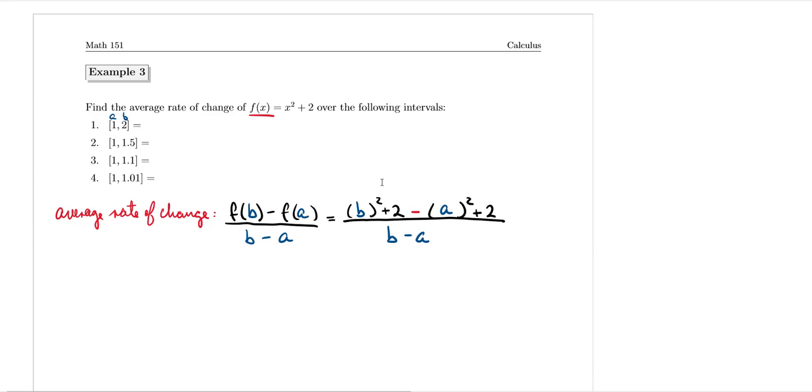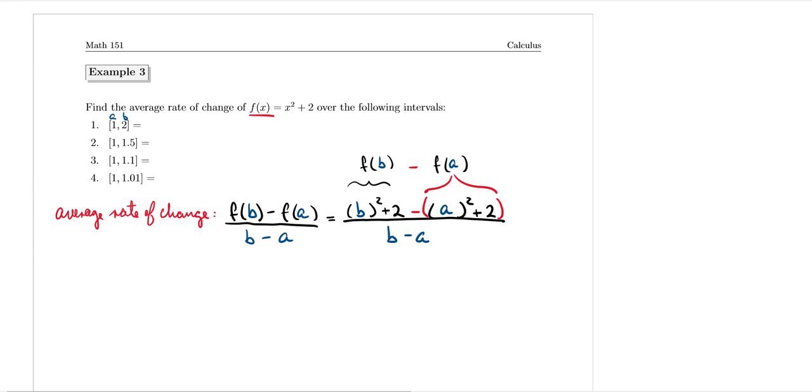Right now, this was the function evaluated at b, but we're also subtracting the function evaluated at a. If you remember our review on functions, I mentioned that whenever you're subtracting a function, if the function has more than one term, we've got to make sure that we include parentheses here. So we include the parentheses now.